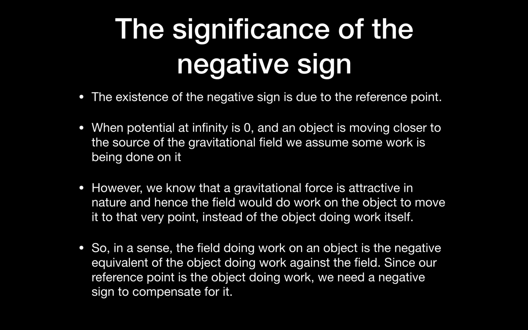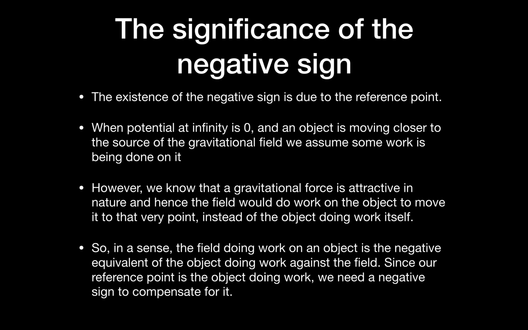So that's an intrinsic problem, right? How do you deal with that? How we tackle this problem is, work done by the Earth on the mass is the negative equivalent of us doing work on the mass to bring it closer to the Earth. It's just the negative value of that. So if the gravitational field is doing work on the object, it's positive.